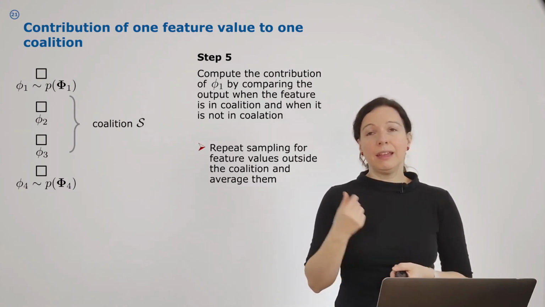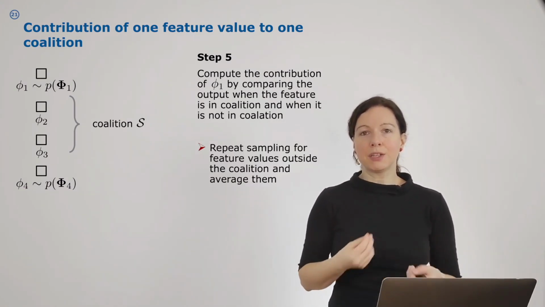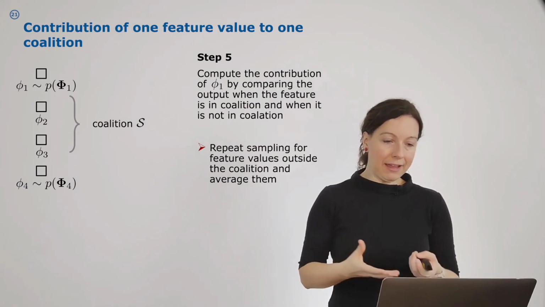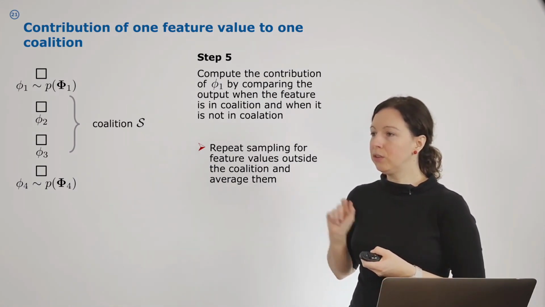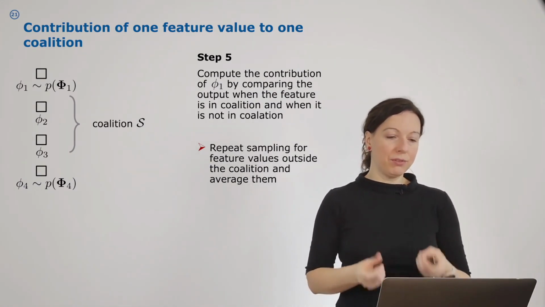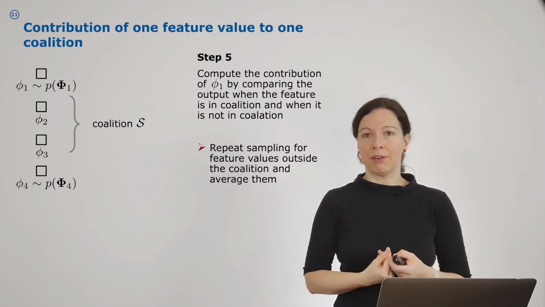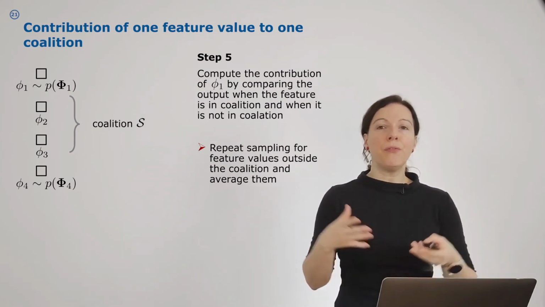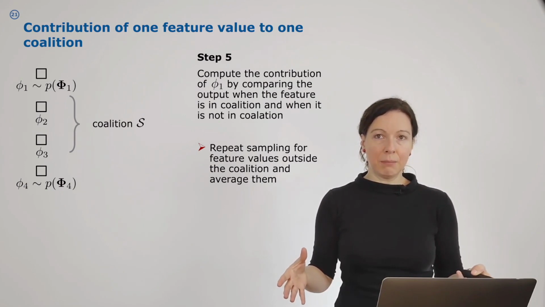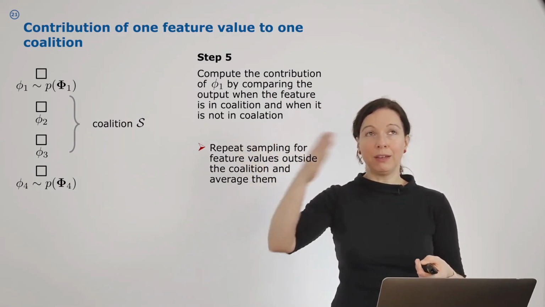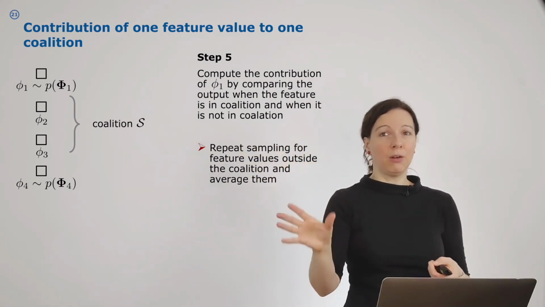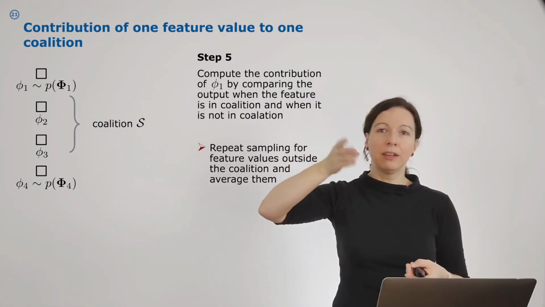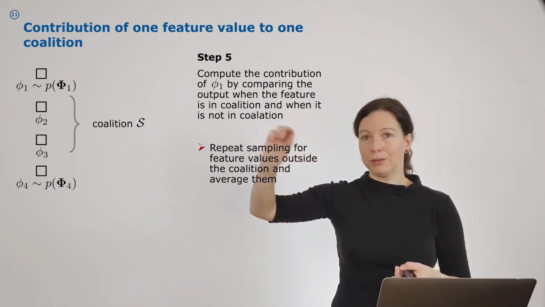And in order to get really this marginalizing out effect, you need to repeat the sampling for the feature values outside the coalition and average them. You can do it very comprehensively by taking all possible values, or by using the whole data set.